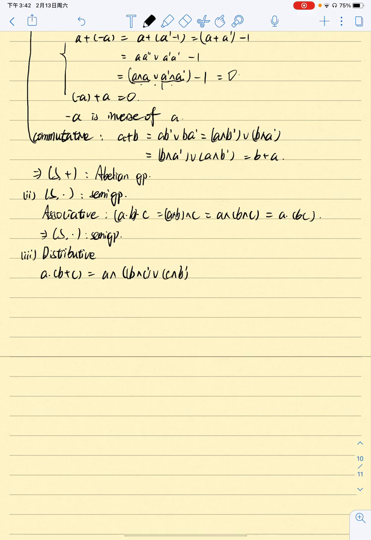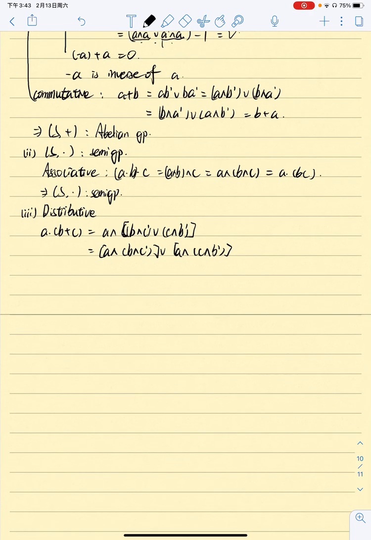Okay. Then distribute A and B and C prime, or A and C and B prime.